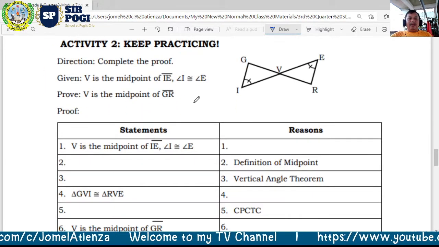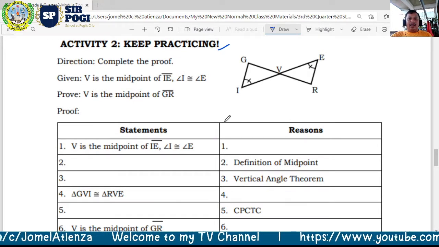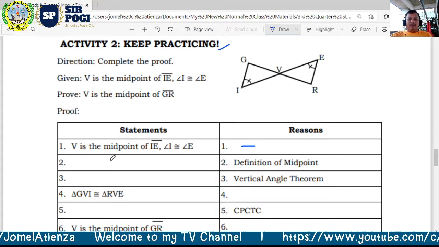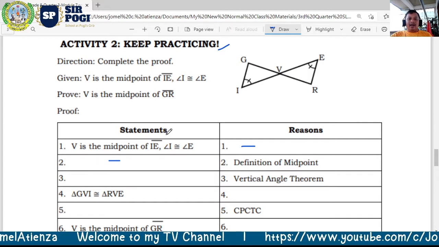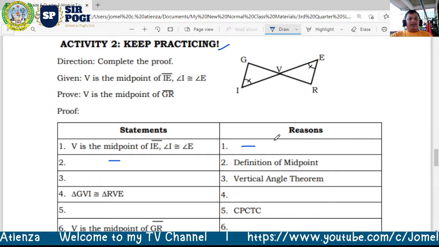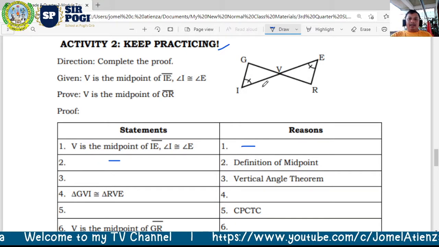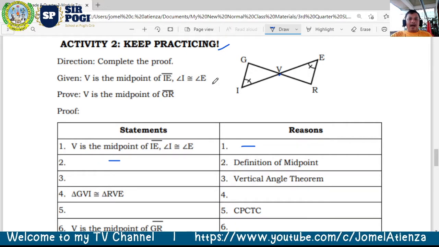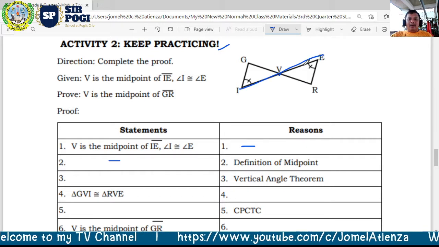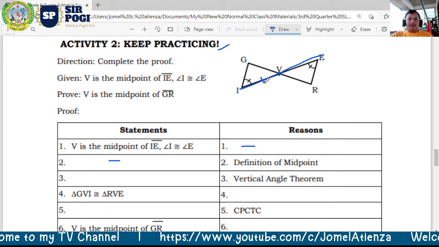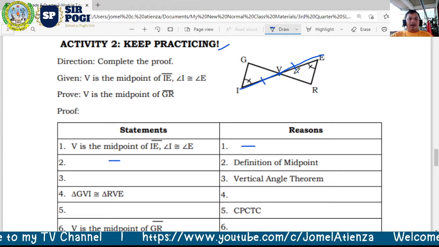Then, for activity number 2, so keep practicing. So, once again, you are going to supply the given or the blank statements and the reasons. So, given natin ay B is the midpoint of IA. Ito yung IA. Kung siya ay midpoint, ibig sabihin itong side na to ay equal.